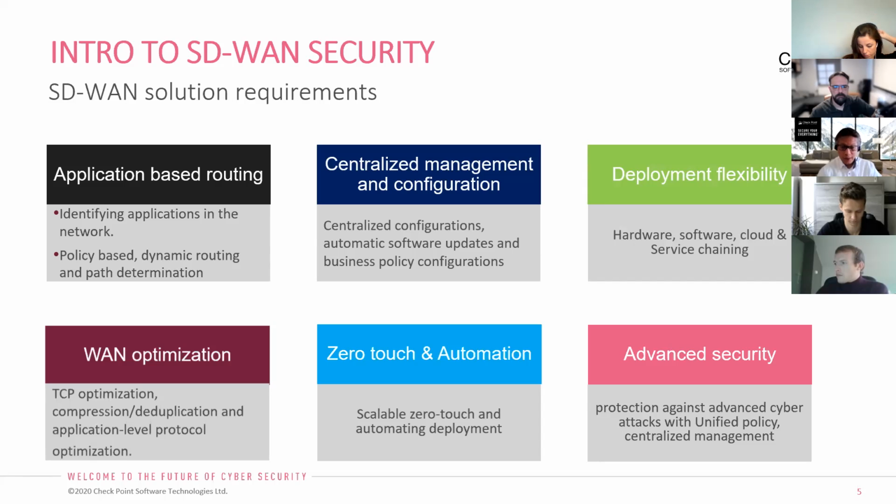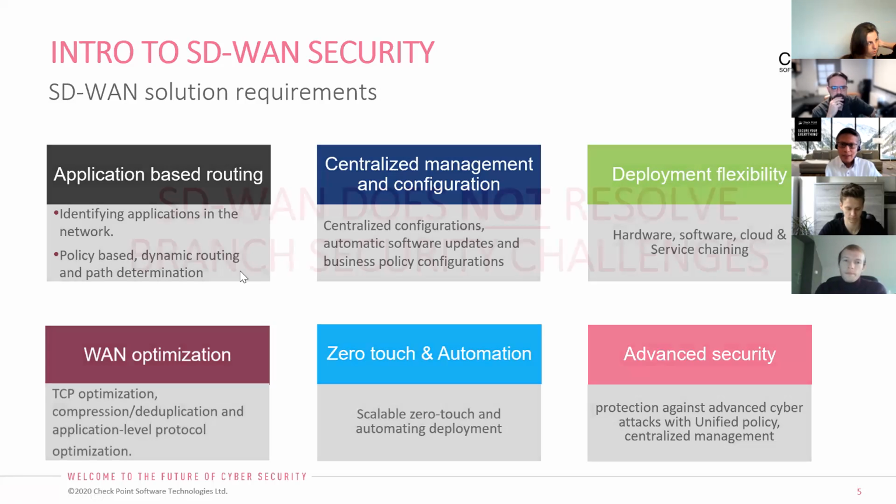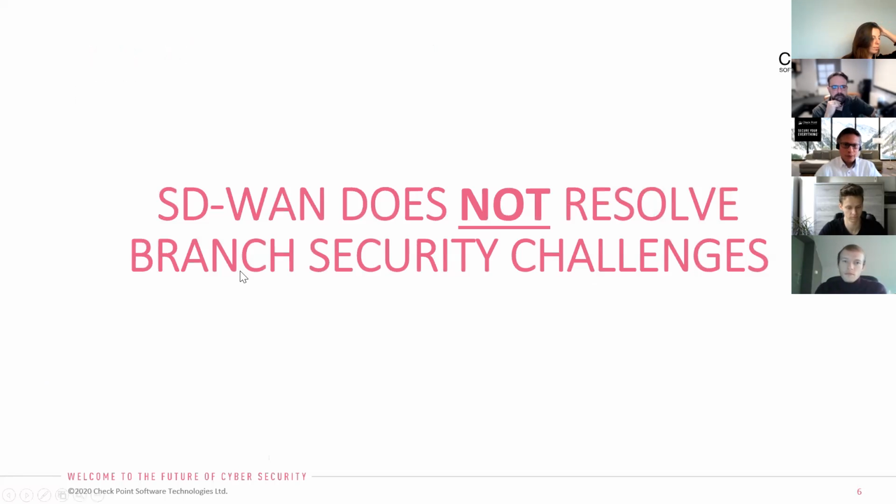Those kinds of attacks are really common now and need to be secured, and the challenge is raised with the COVID times where most of the people work from home or on the remote side. So SD-WAN as such does not resolve all the branch security challenges. You really need to add additional functionalities to your SD-WAN to ensure a proper security policy and proper security for your enterprise users in order to be able to work properly from those remote sites.